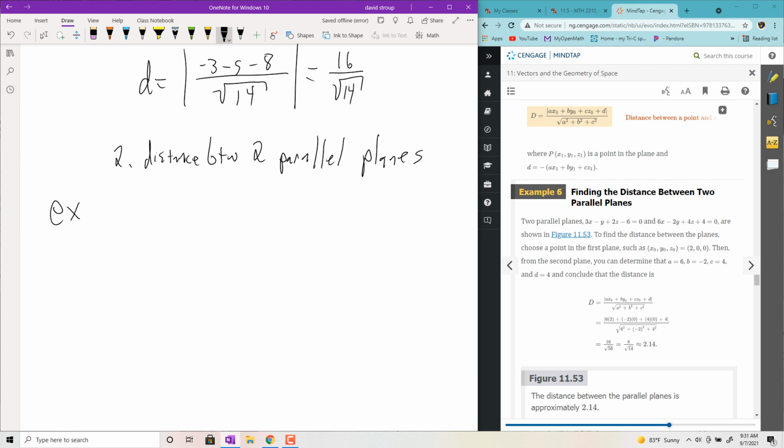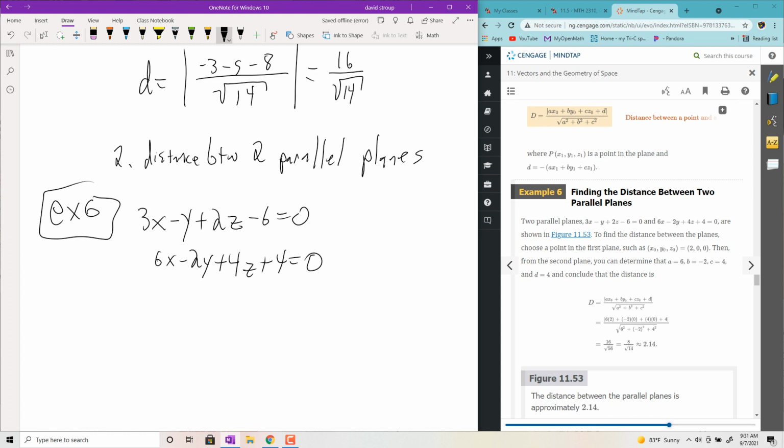So this example 6, we have 3x minus y plus 2z minus 6 is 0, and then the other one, 6x minus 2y plus 4z plus 4 equals 0. So you just use this to get a point.